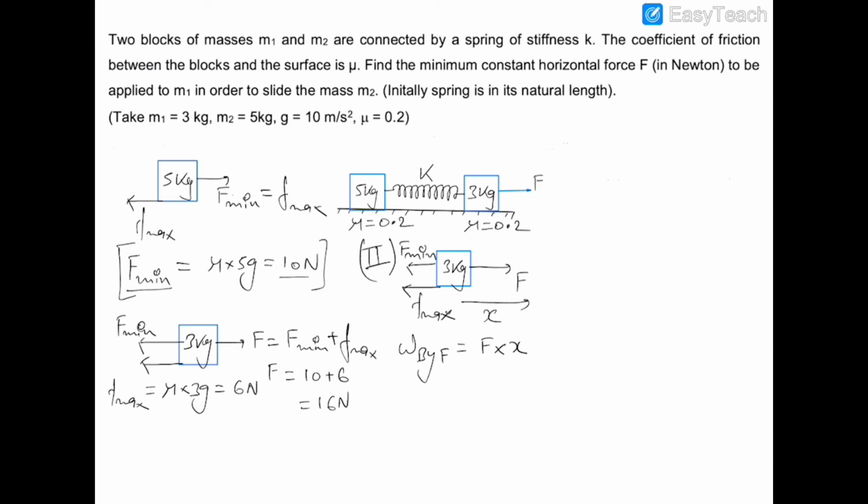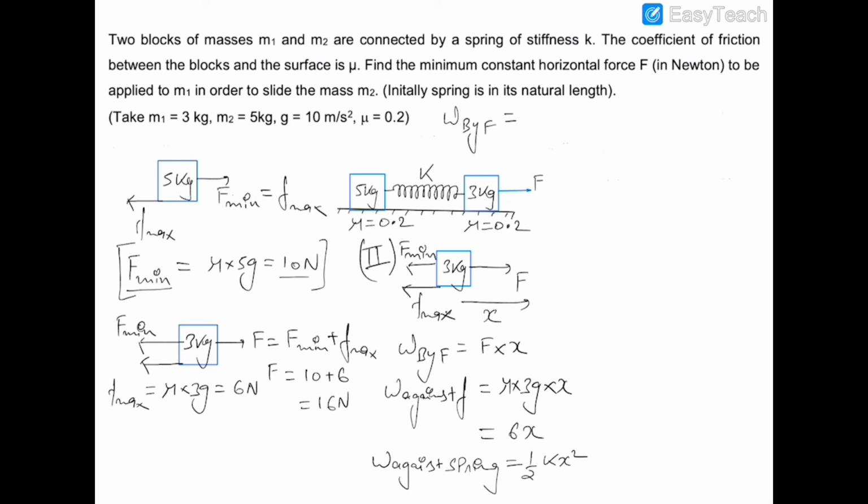So work done by F will be F into x, and work done against friction will be equal to mu into 3g into x. This will be equal to 6x. Now work done against spring is equal to half kx square, and we can write the equation as work done by F is equal to work done against friction plus work done against spring.